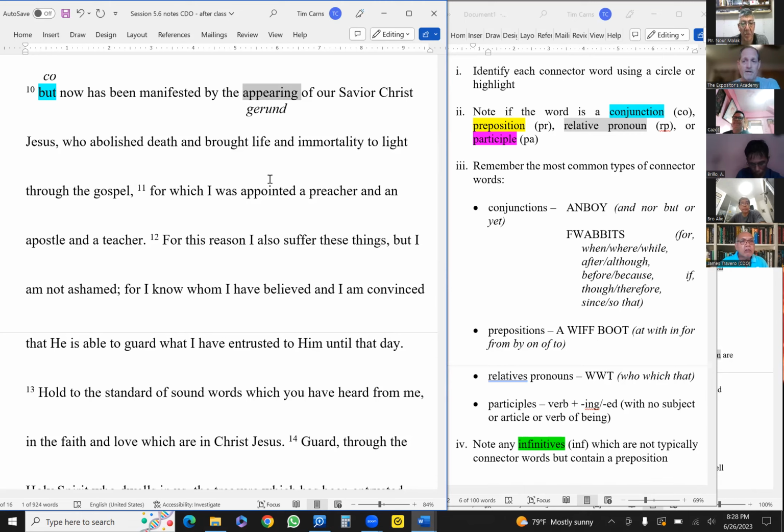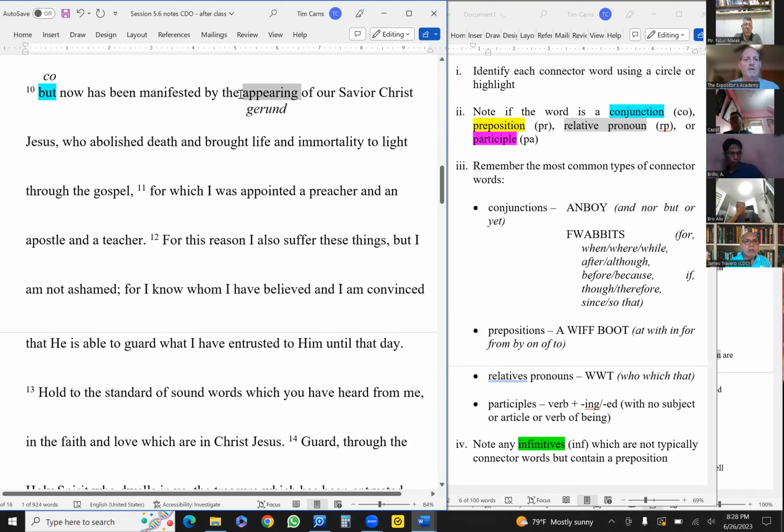If there is, then it's a noun. If there's not, then look for a verb of being in front of the word: is, be, am, were. If there is, then the word is acting like a regular verb. So if it had said has now been manifested and is appearing, in that case it would be a regular verb, not a participle. All right, so look for those things first to confirm if it's a participle or not.